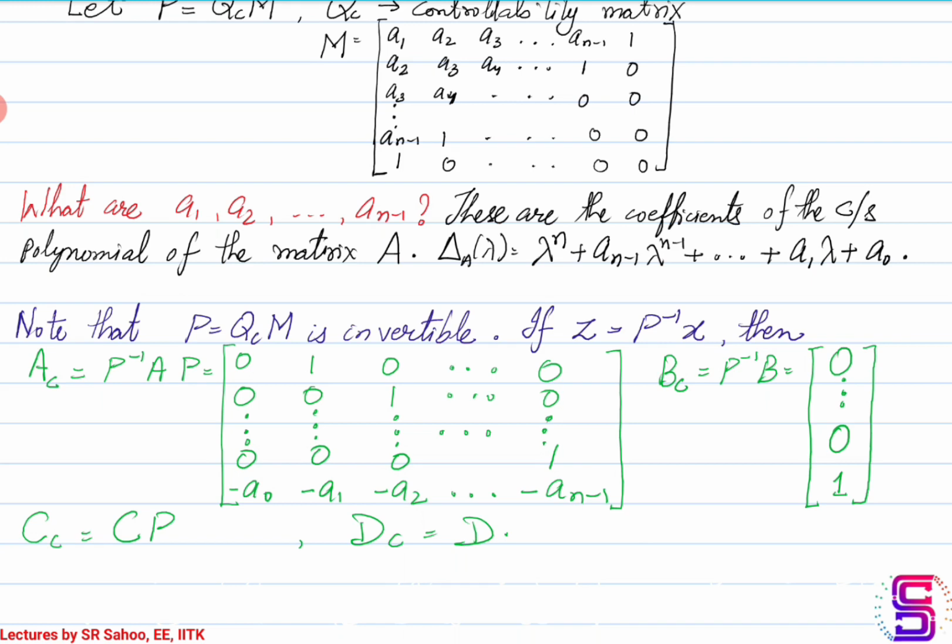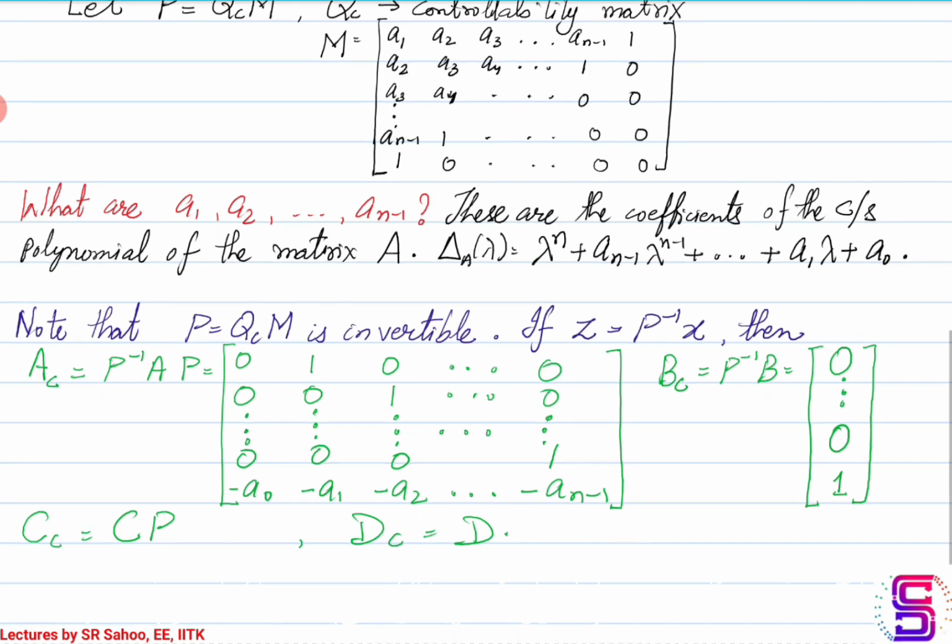So if someone tells you that they have a state space representation in this form and says that the system is not controllable, then it is not true. If a system has this form of A and B, then it will be controllable. The remaining matrices CC and DC can be obtained as CC equal to CP, and DC does not change, so DC is the same as D.